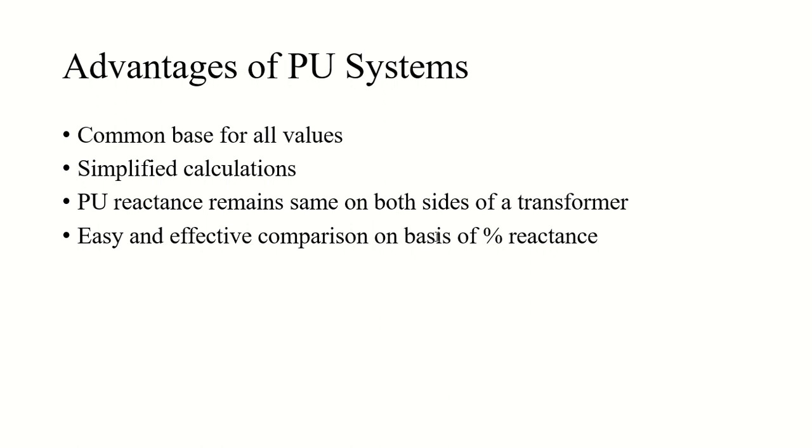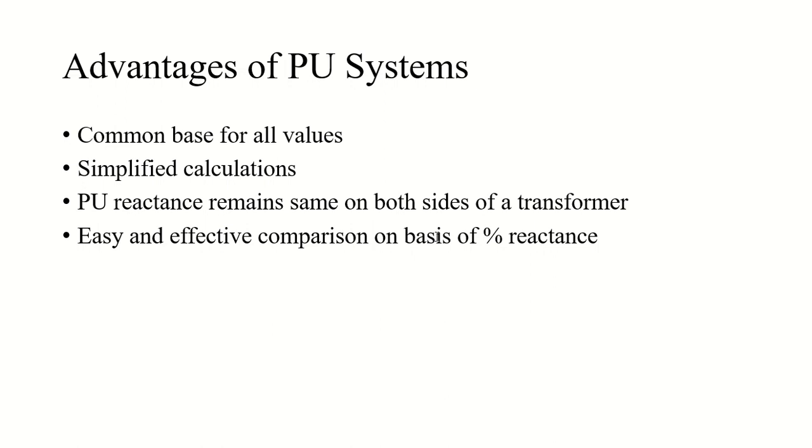If you have a whole system with many voltage values, then the calculations get tricky. But what if we have only per unit values or percentage values? The calculation will be simplified because we are converting everything to per unit values.